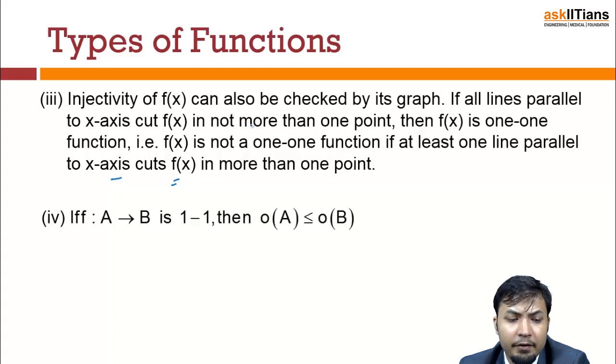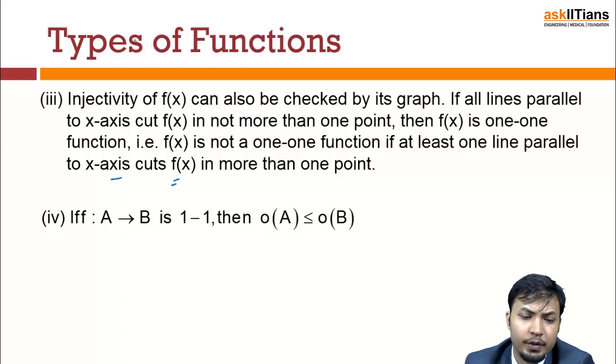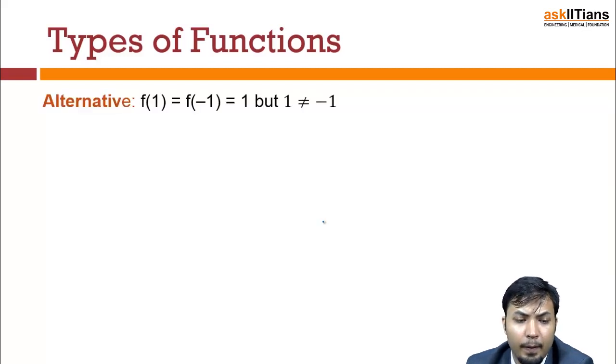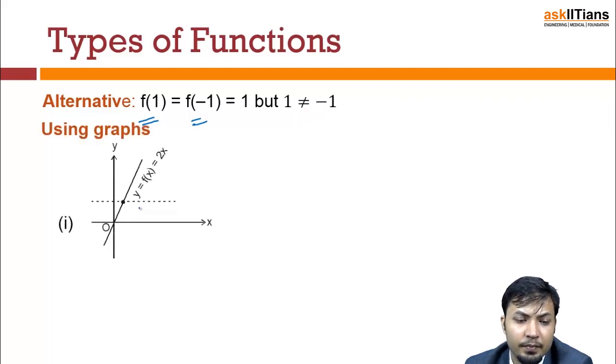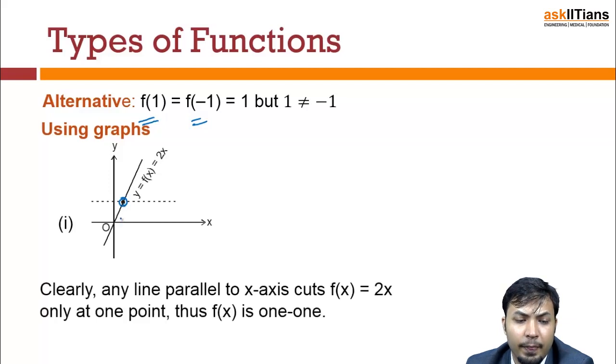Now, if and only if a belongs to b, this one-one function, then f(a) will always be less than f(b). Now the alternative: if my f(1) is equal to f(-1), but obviously 1 is not equal to -1, then in that case, using the graph, you see it cuts at more than one point on the x-axis.